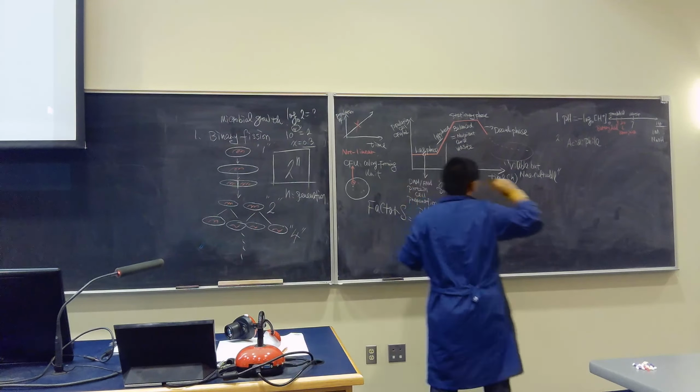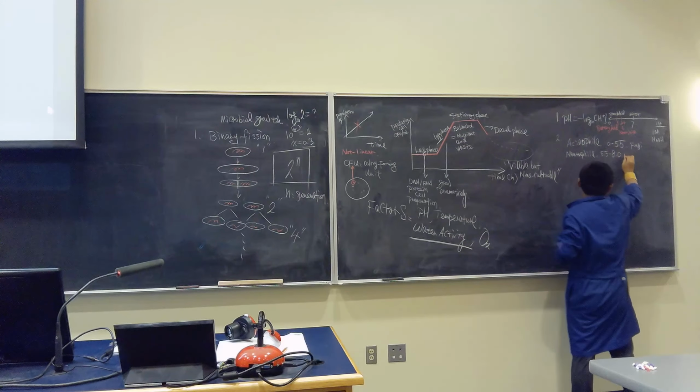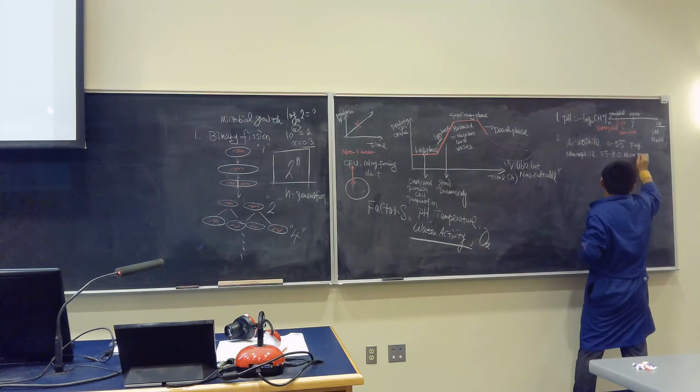Lots of the fungi can survive that. Not many bacteria can go that low. Most of the bacteria we call neutrophiles, with pH 5.5 to 8.0. This is most bacteria.